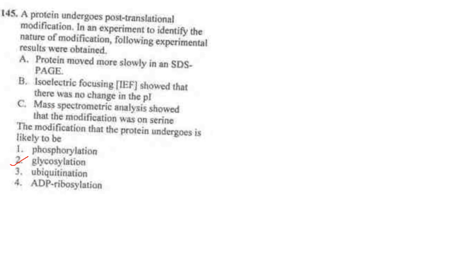Now, isoelectric focusing showed that there was no change in the pI. That itself means that it is likely glycosylated. Mass spectrometric analysis showed that the modification was on serine. The modification that the protein undergoes is likely to be glycosylation. That is why there was no change in the pI value. So answer is option 2.